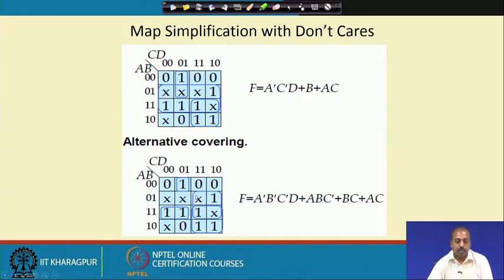So, you get a quad B C, and for this one you get a quad A C. This way we can write down a set of quads, singletons and pairs. Definitely you can understand that this grouping is not good, because it does not fruitfully exploit the do not cares here. So, the resulting solution is not very good.